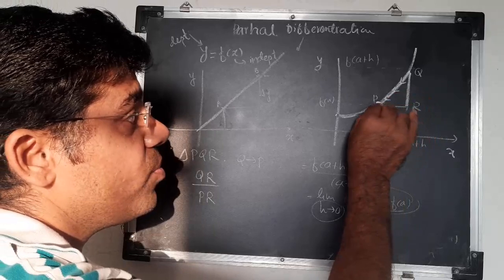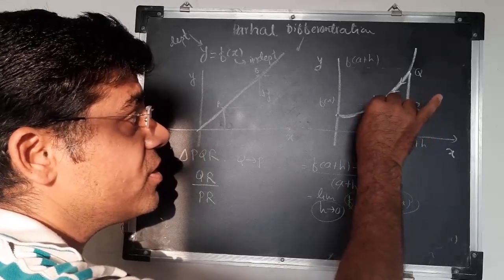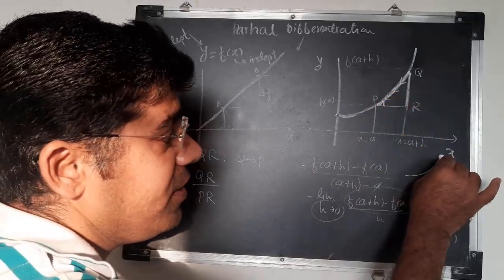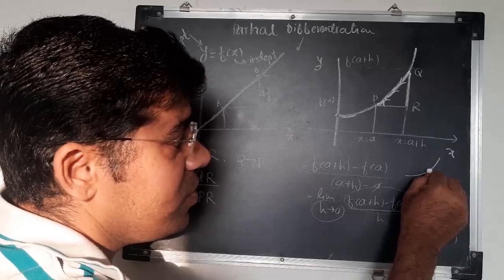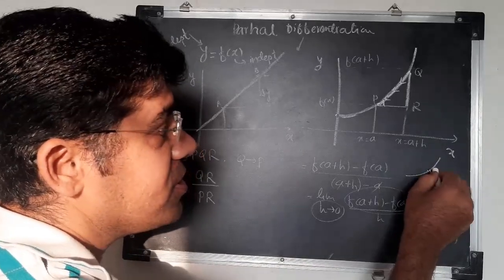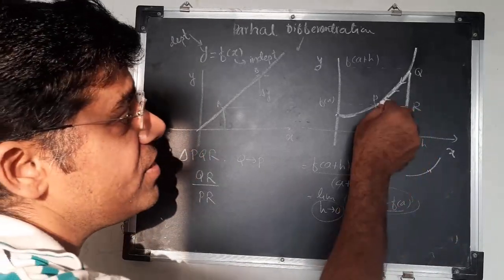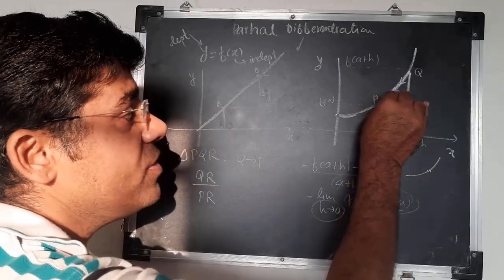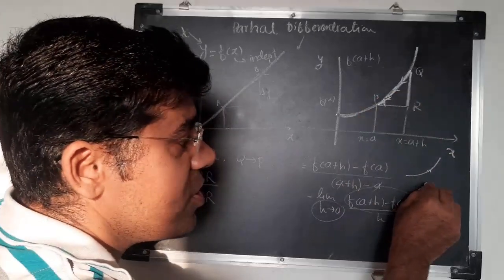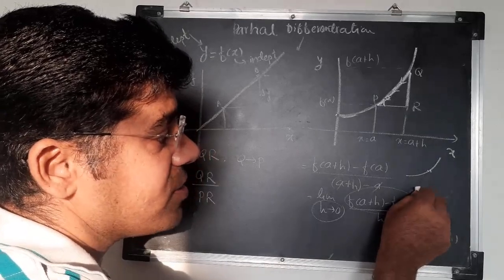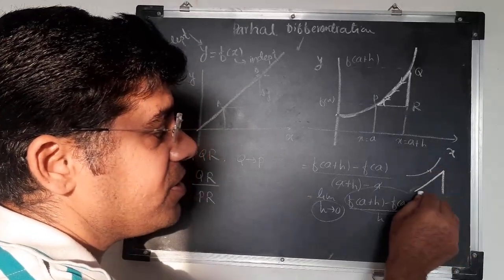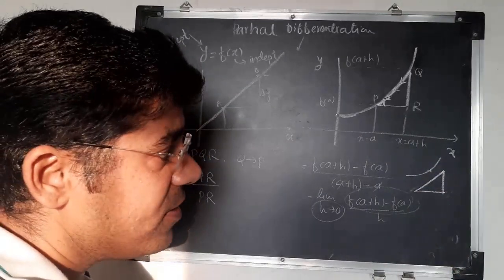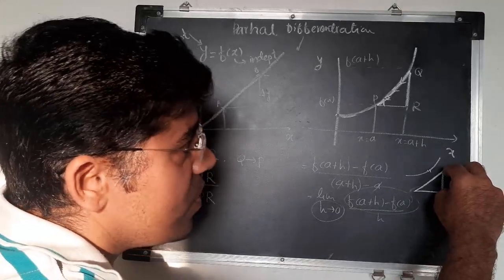So at a certain point, instead of the curved line, if you take only a small change, it is just like a straight line. Suppose here we have taken a small change, and that small change is magnified, so it is just like a right angle triangle. So this is your QR.